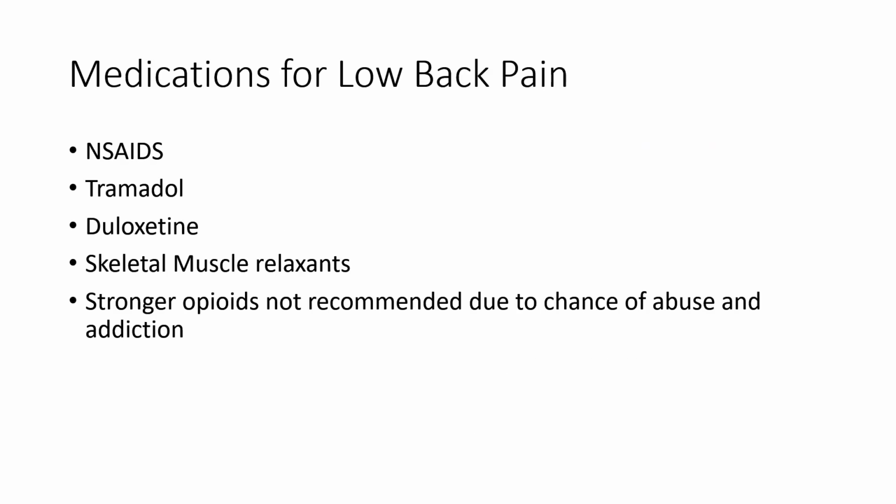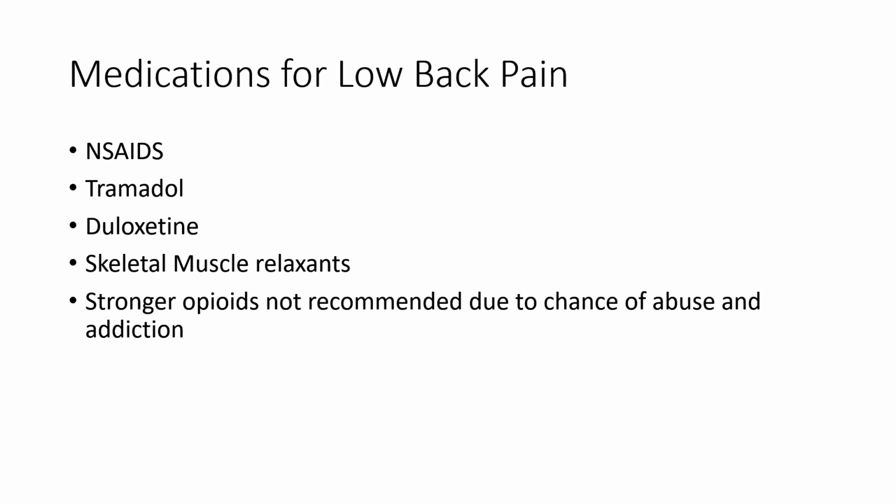Some of the medications for low back pain would be the NSAIDs, like ibuprofen. Tramadol, or Ultram, is a mild opiate which may be used, mild being the key word. Duloxetine is a selective norepinephrine reuptake inhibitor.